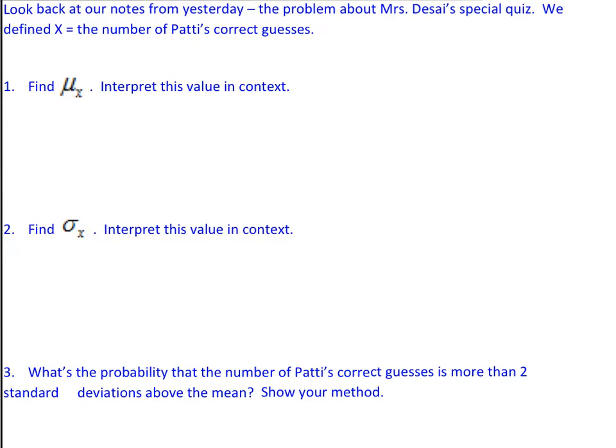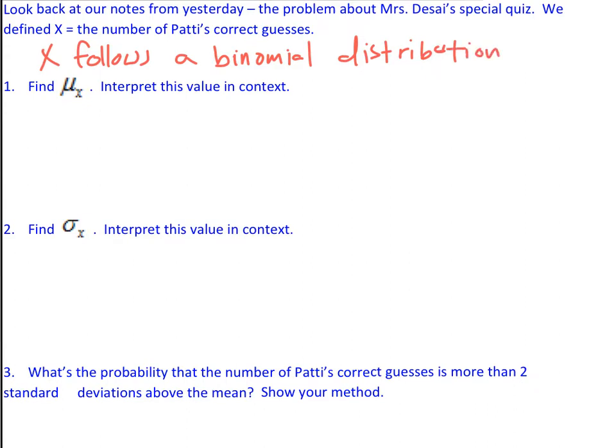Right off the bat, I would say X follows a binomial distribution with n equal to 10 and p is 1 out of 5.